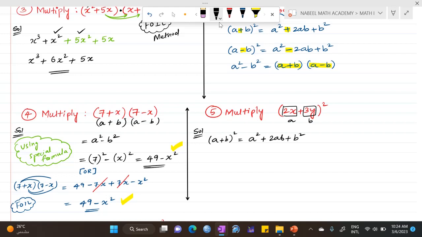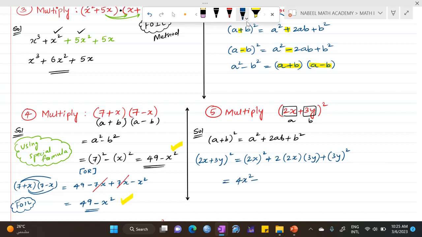Now I just substitute the values. So what is a, what is b? A is 2x, b is 3y. So 2x plus 3y whole square equals 2x whole square plus 2 into a into b plus b square. Now simplify.